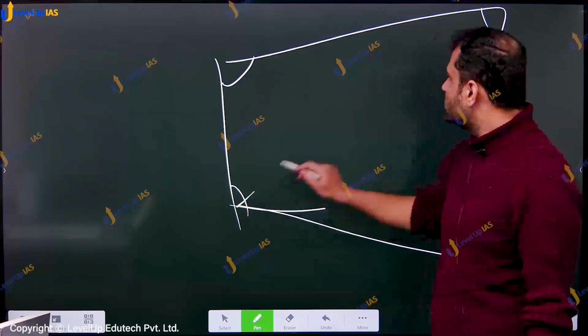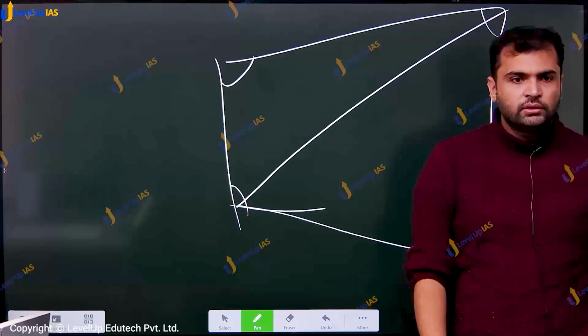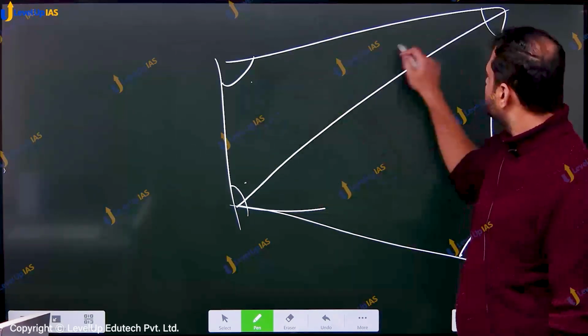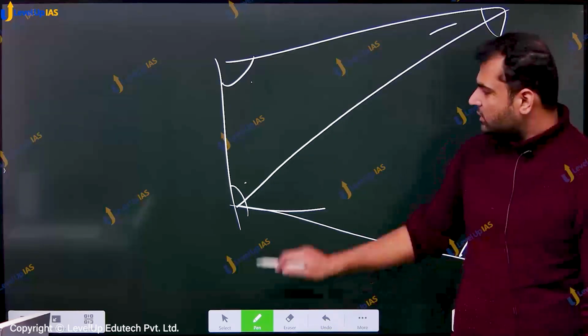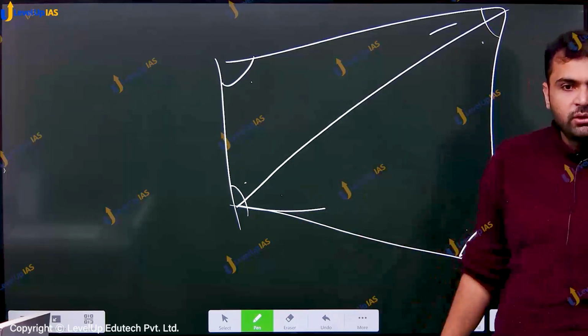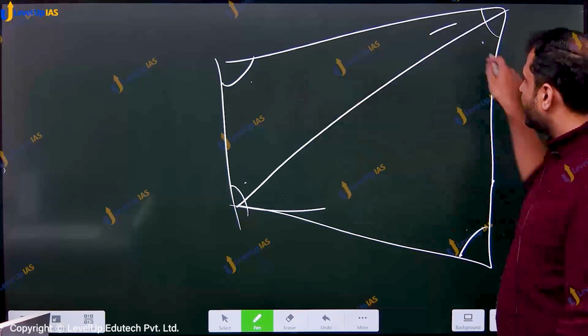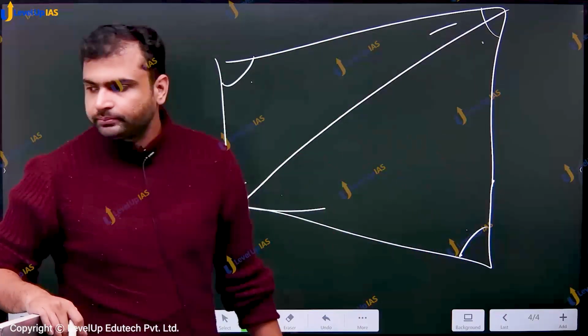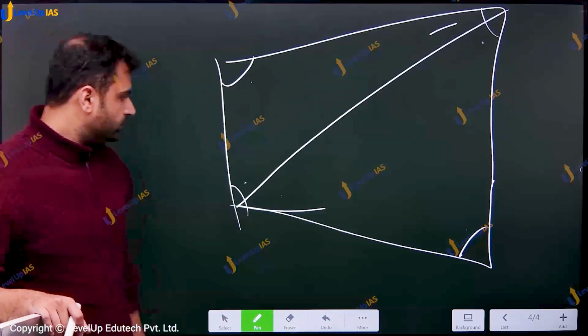Why? I can just join these two vertices. Now I have 2 triangles. Sum of these 3 angles is 180 and sum of the other 3 is 180. Total 180 plus 180, we have all the angles covered, 360. Right?